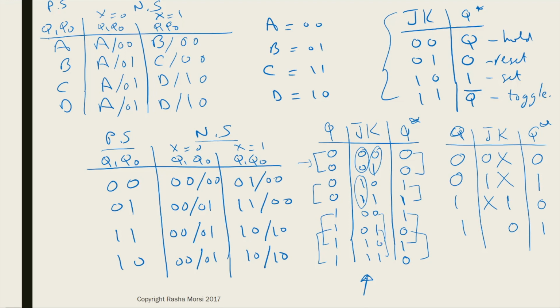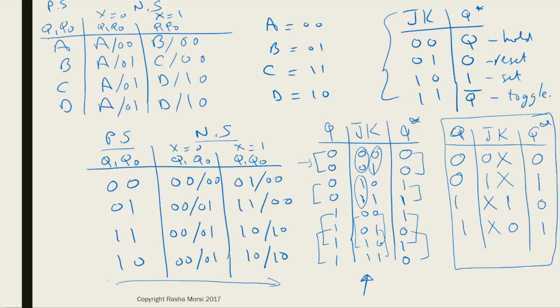So we put a don't care, 0 there. And this then becomes our excitation table that provides the JK values. If we look at it present state to next state, what input on JK makes it happen. Now you could memorize this last table, or you can create it from scratch like I just showed you.